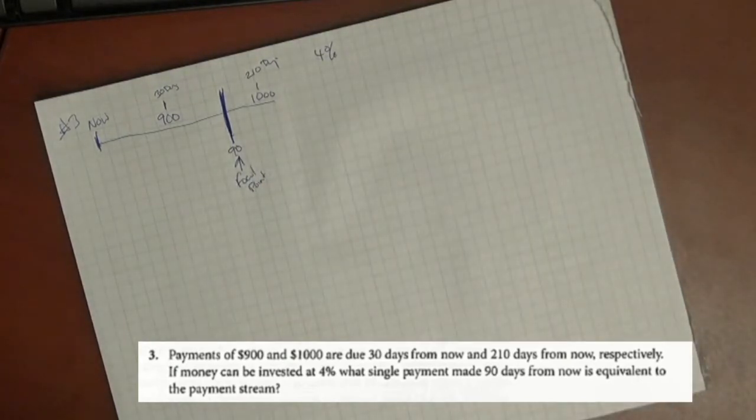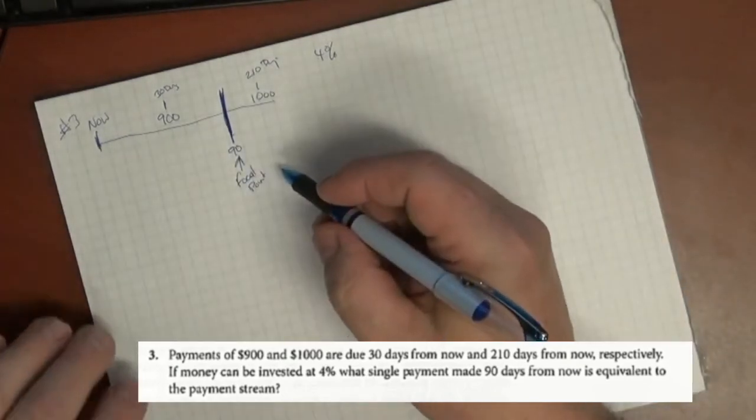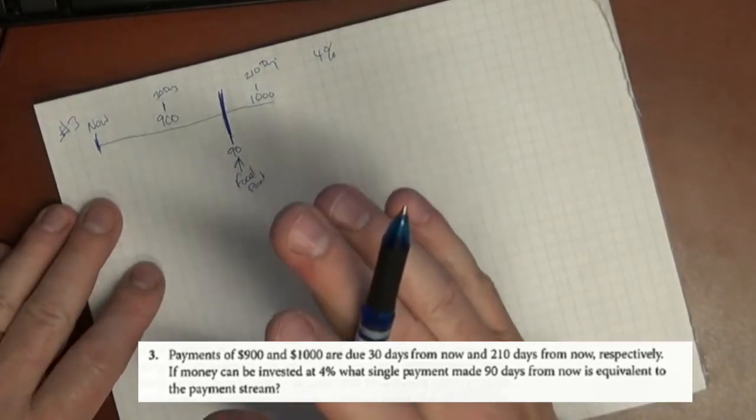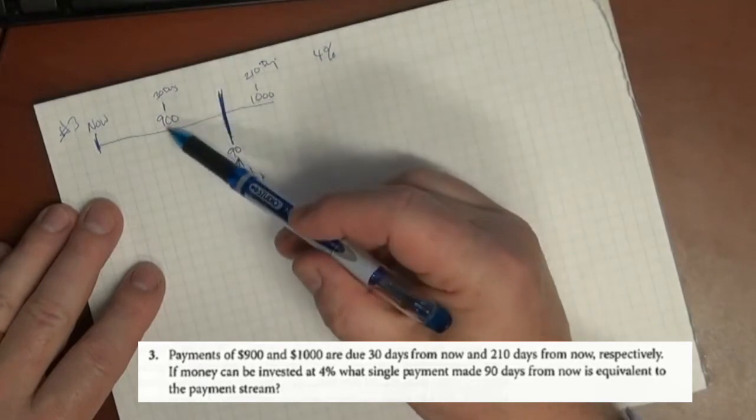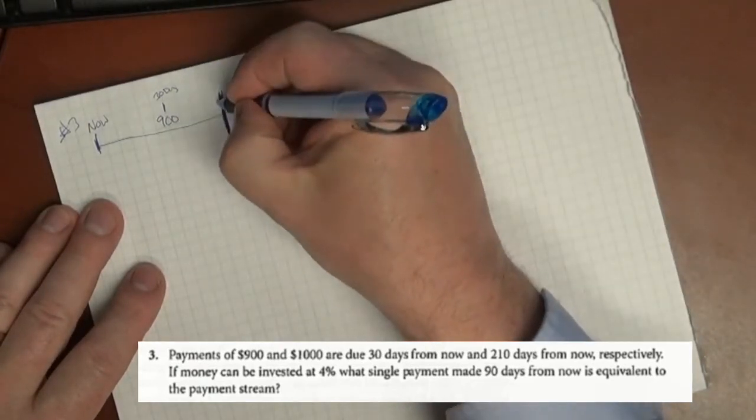So we need to consider the focal point here and see what we can do. The $900, first of all, is going to be received earlier than the focal point, so we're actually looking backwards here.